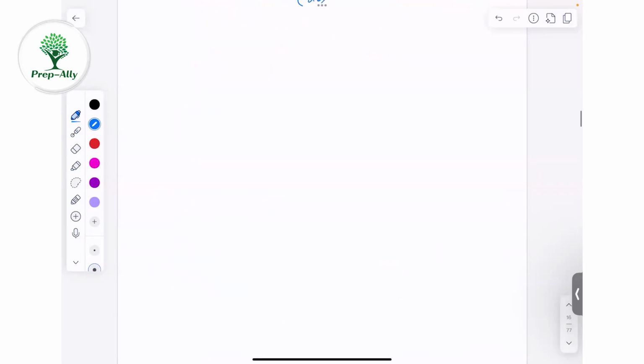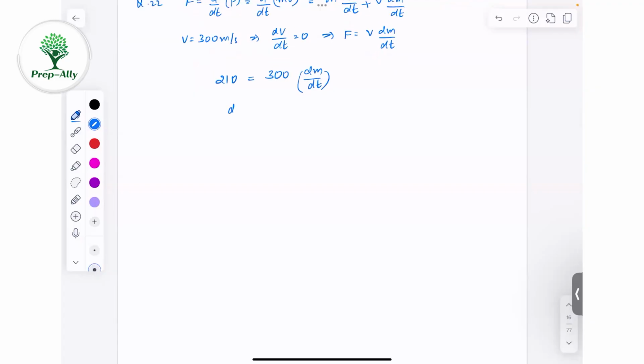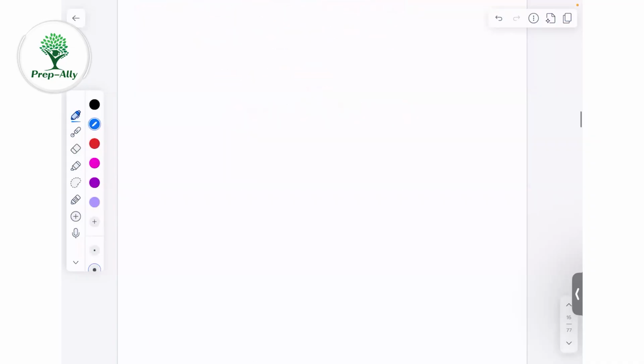So that gives us dm by dt is 210 by 300. That is going to be 7 by 10 or 0.7 kg per second. This is the rate at which fuel is being burnt. What we mean here is in 1 second, 0.7 kg of fuel gets burnt.